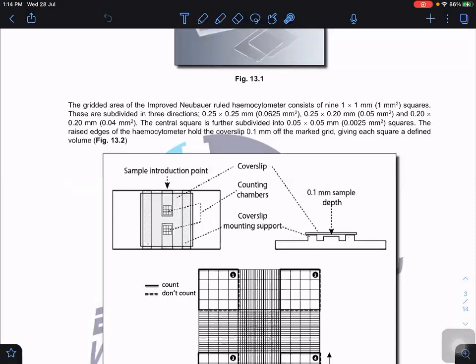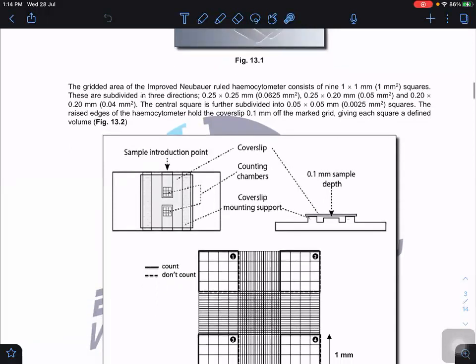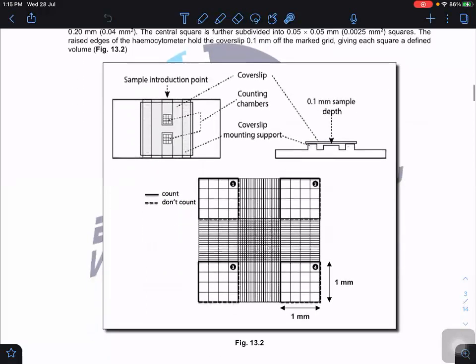These are subdivided in 3 directions, so it may be 0.25 by 0.25, or 0.25 times 0.2, or 0.2 times 0.2. It depends on the different area that we want to view. Then you can see that the raised edge of the hemocytometer holds the coverslip 0.1 mm above the marked grid, giving each square a defined volume.